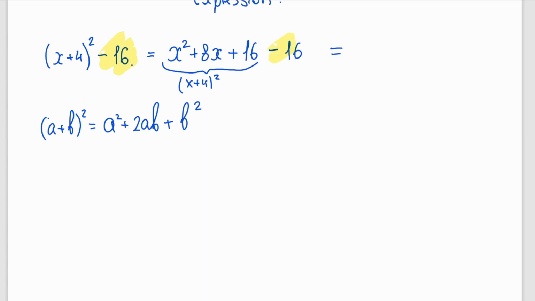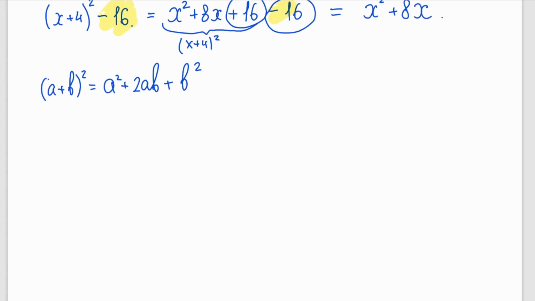And now look at this. Plus 16 and minus 16 will cancel out, and all I'm left with is x squared plus 8x. And now we could say that x squared plus 8x equals x plus 4 squared minus 16.